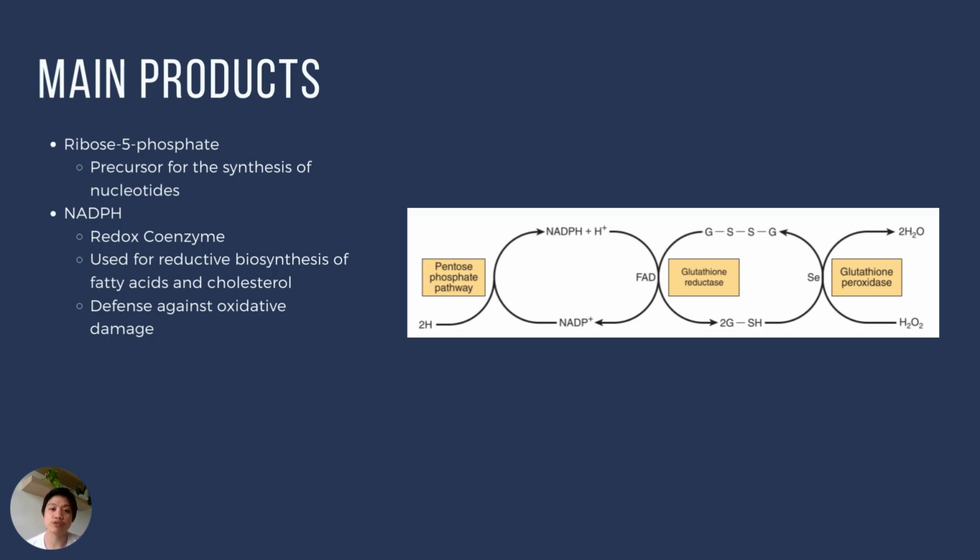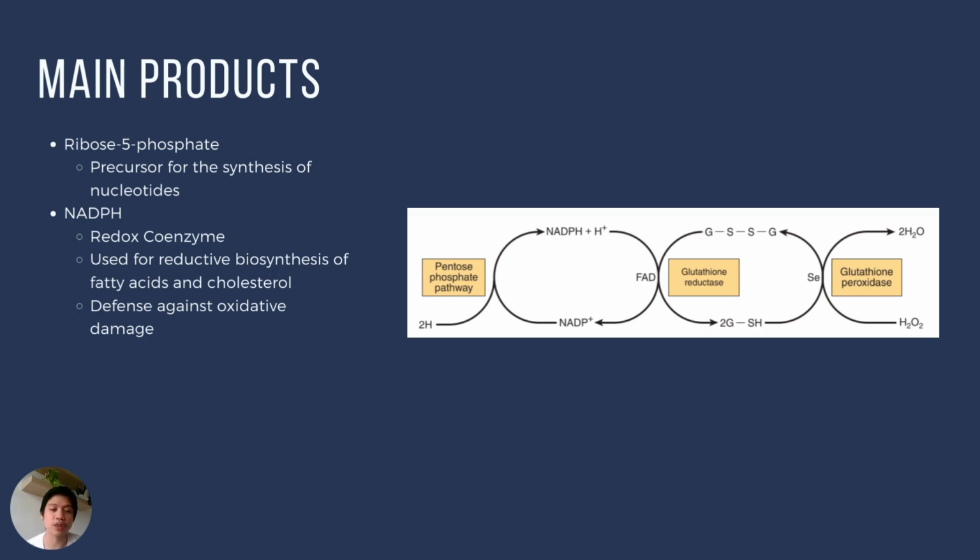Together with the action of riboflavin, which is in the form of FAD, NADPH donates its hydrogen to the oxidized form of glutathione, which is GSSG. So NADPH gives up its hydrogen to oxidized glutathione to reform the scavenging reduced glutathione, which is GSH.